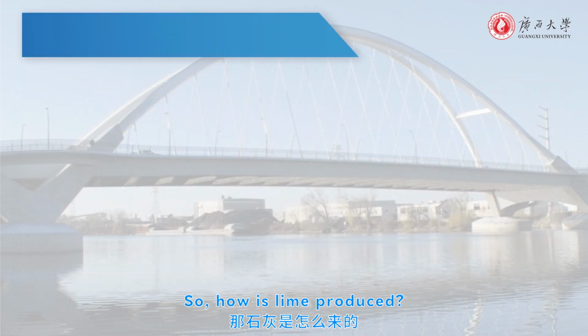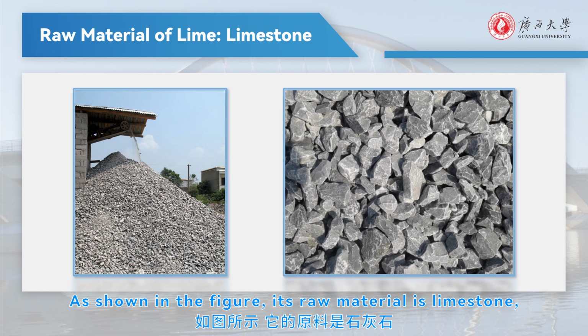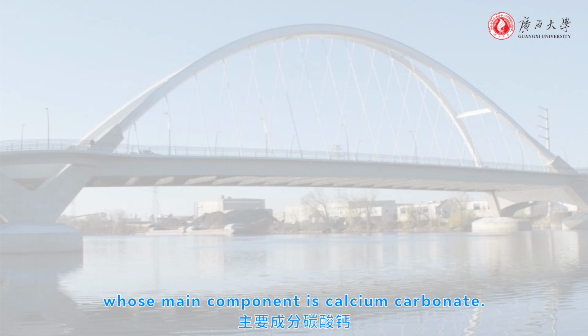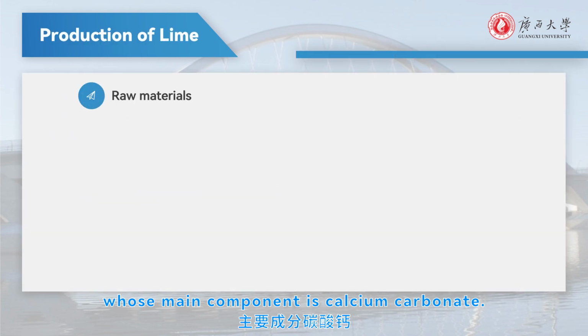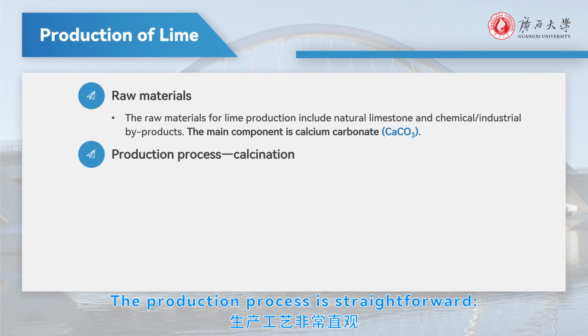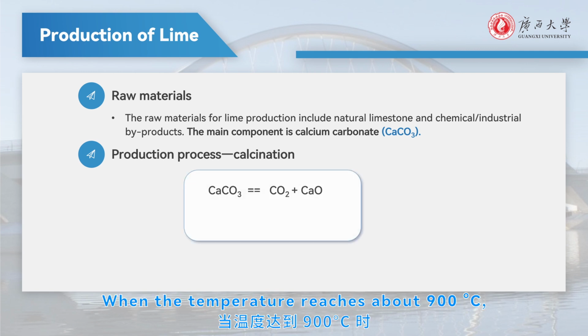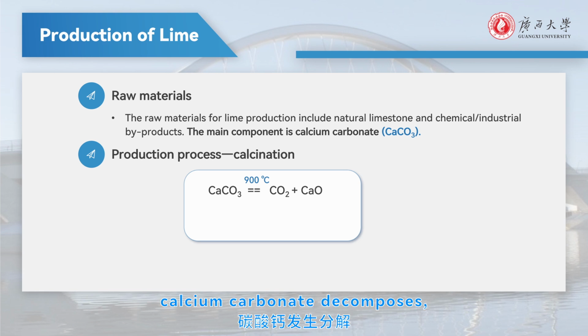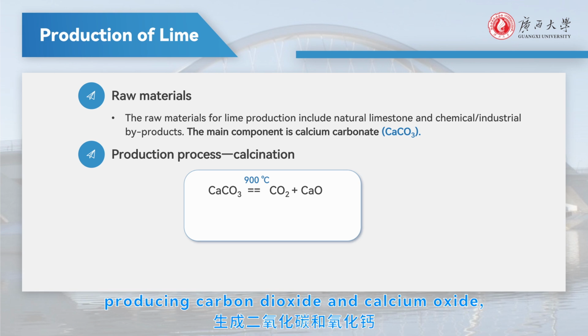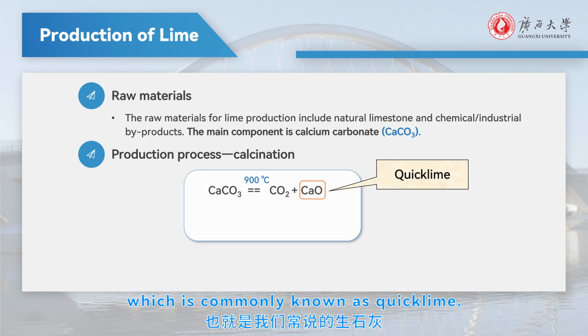So, how is lime produced? As shown in the figure, its raw material is limestone, whose main component is calcium carbonate. The production process is straightforward: high-temperature calcination. When the temperature reaches about 900 degrees Celsius, calcium carbonate decomposes, producing carbon dioxide and calcium oxide, which is commonly known as quicklime.